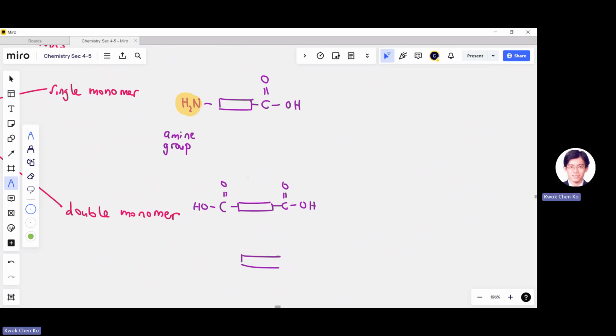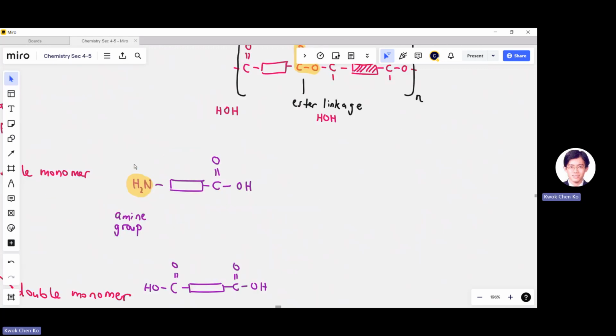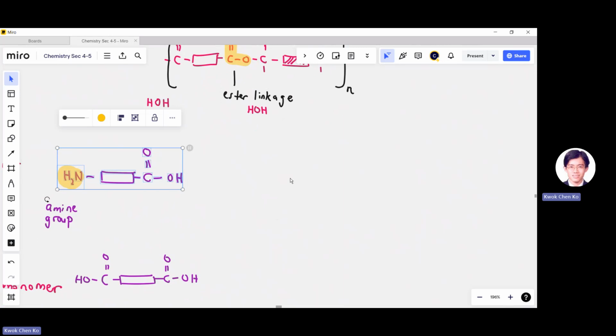And then here, you have your double amine. Same thing. These two will join together. This one will join to itself.